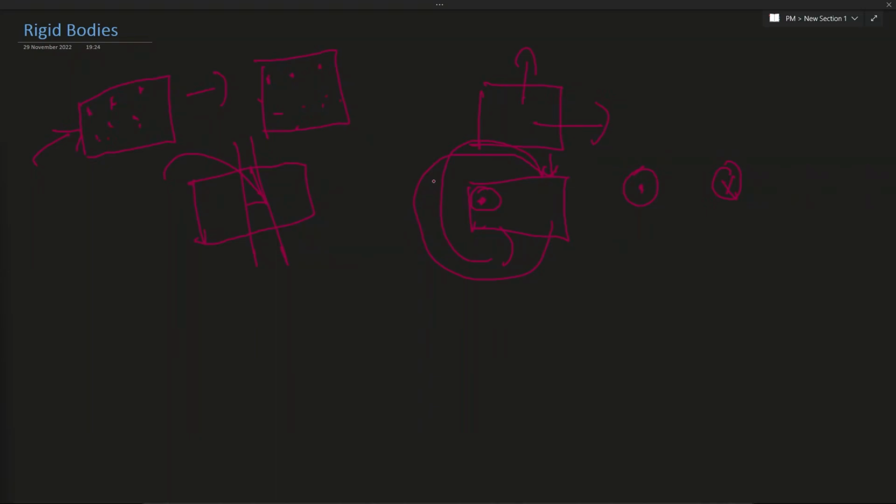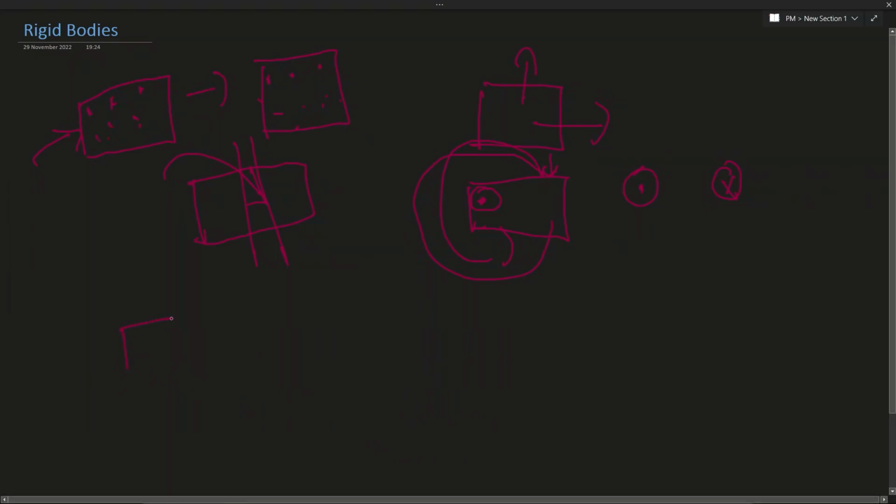So let us see what happens in rotational motion, mainly in pure rotational motion. In pure rotational motion, in the case of this body, every constituent particle of that body travels in concentric circles around this axis. This is the general form of pure rotational motion.